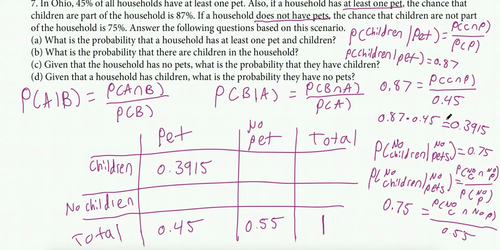And like we did up here, we're going to multiply 0.75 and 0.55. So we're going to multiply that, and that's going to be 0.75 times 0.55, 0.4125. Where do we put that? Well, no pet, no children. It'll go in here.